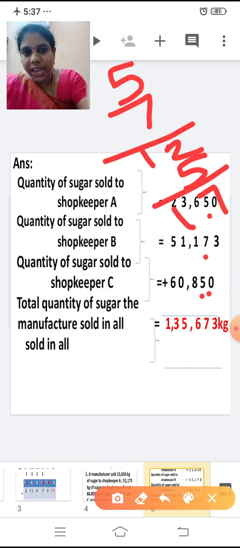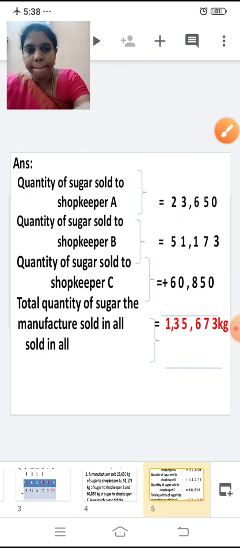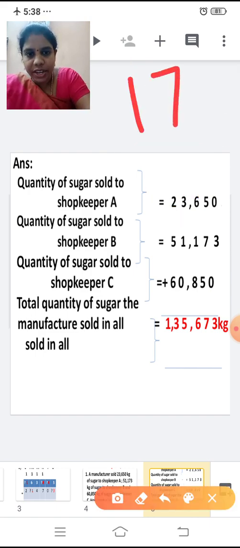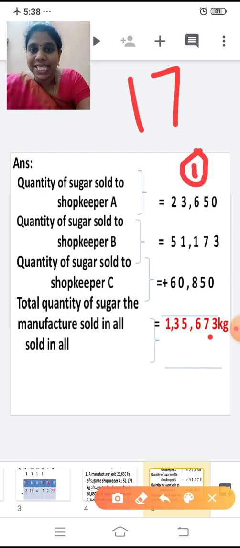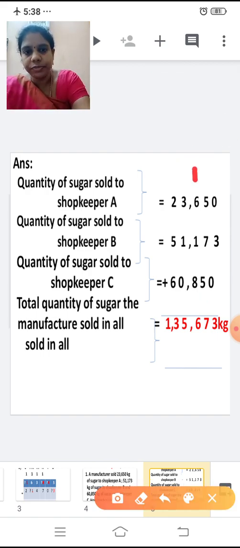Or else 2 plus 5 is 7 and the 1 you bring down, 17. So 7 I am writing in the tens place and 1 will be carried over to the hundreds place.